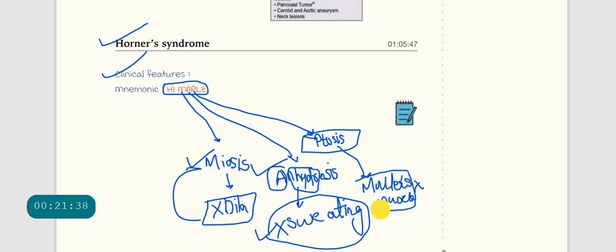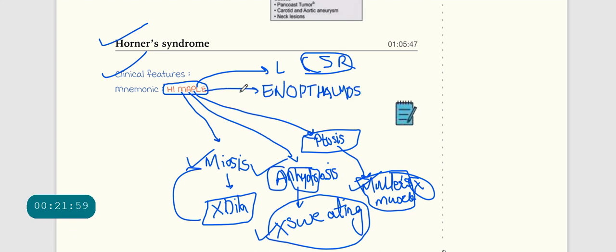Then the next is enophthalmos. We all know about exophthalmos, that is bulging out of the eyes. So enophthalmos is nothing but the eyes getting shrunken and sinking inside the orbit. So basically it is a shrunken eyeball, very simple.